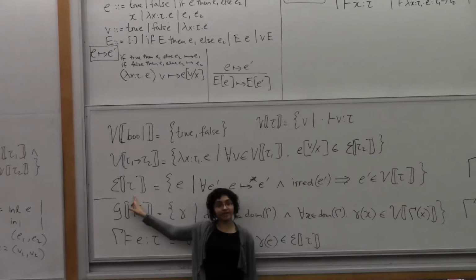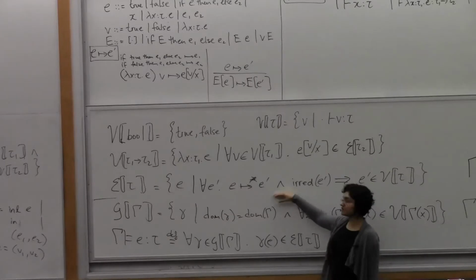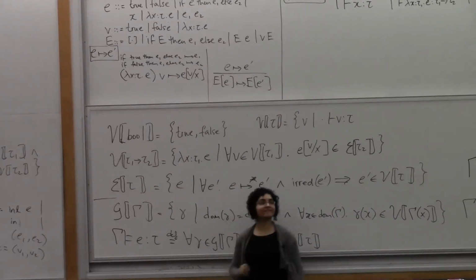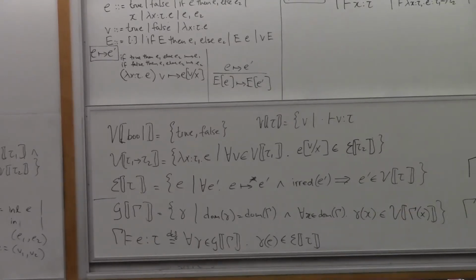We don't have to, right? Because we generically defined the E relation for any arbitrary type. So we don't need to extend that in any way. That still holds. Yeah? Okay.